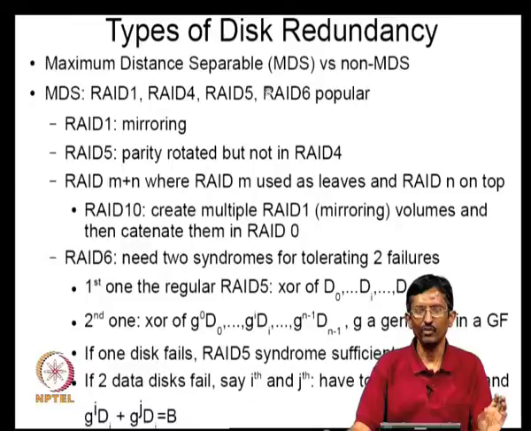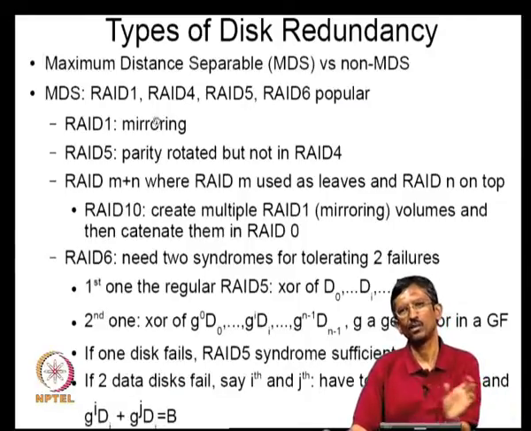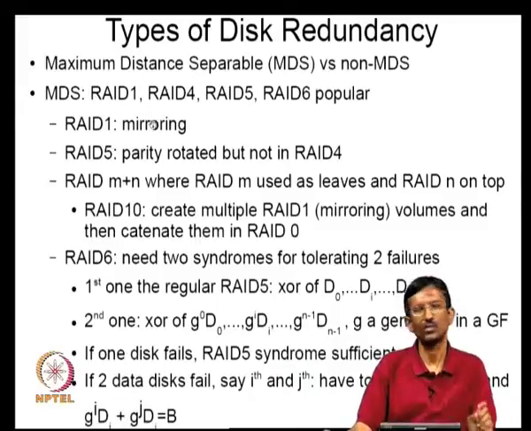Normally, when we talk about disks, we do it at a block level, typically 4 kilobytes or 8 kilobytes, etc. So, when you are doing mirroring, I am doing it at the block level. I have written 4 kilobytes onto one disk, and I make sure the same 4 kilobytes of information is also written to another disk. So, in case one fails, I can figure it out from the other one.